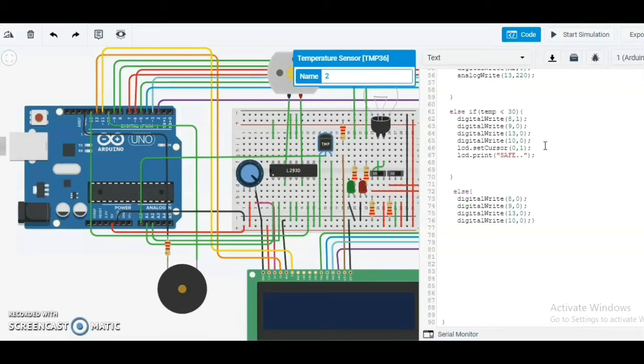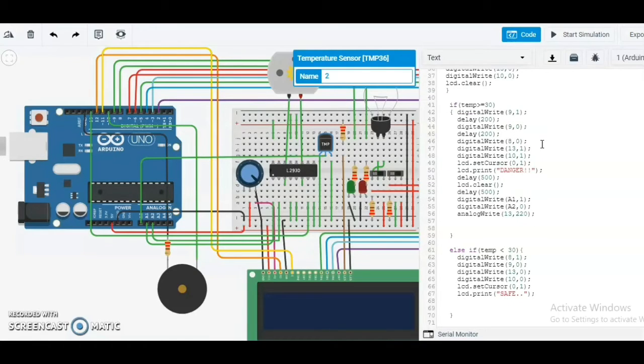That means the machine or the device is in good condition. When the temperature is equal to or greater than 30, the red LED will blink and the LCD will show danger. That means it can notify people around, and also the buzzer will be on and give a sound to alert.